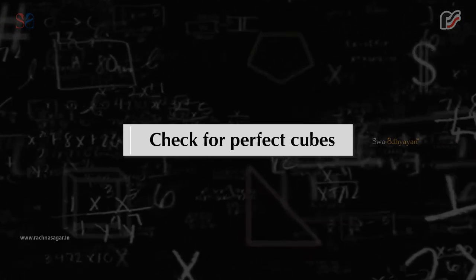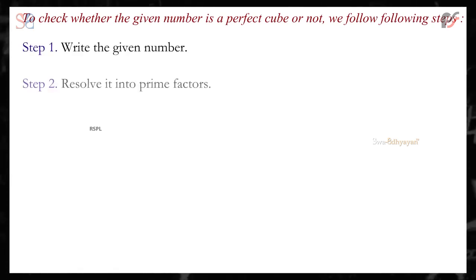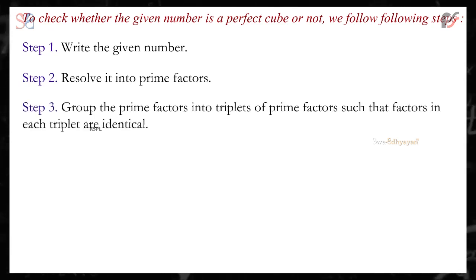Check for perfect cubes. To check whether the given number is a perfect cube or not, we follow these steps. Step 1. Write the given number. Step 2. Resolve it into prime factors. Step 3. Group the prime factors into triplets such that factors in each triplet are identical.